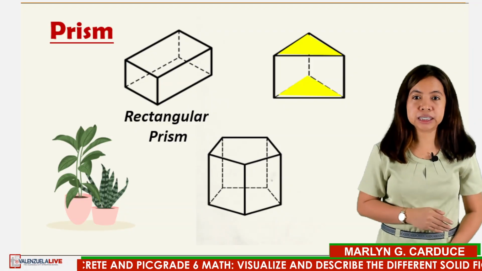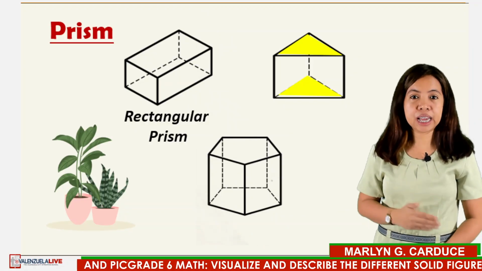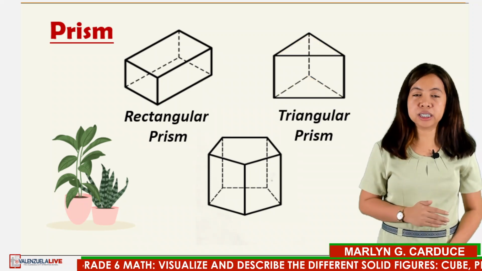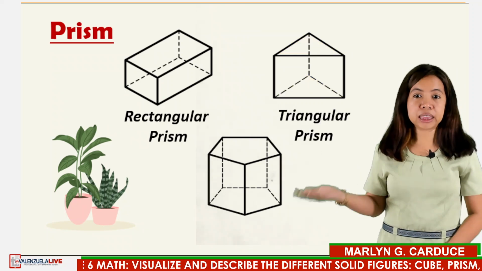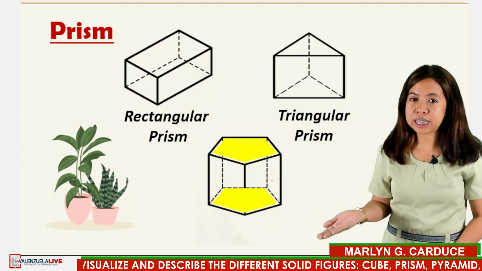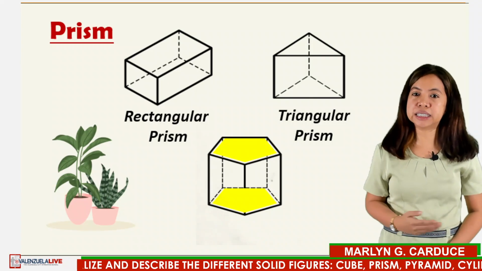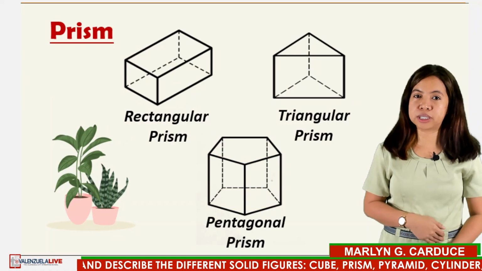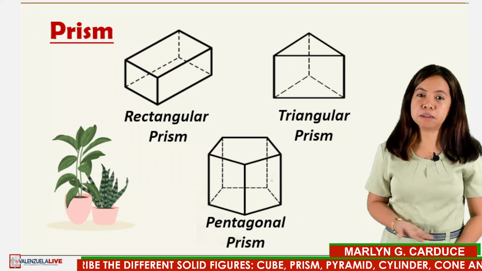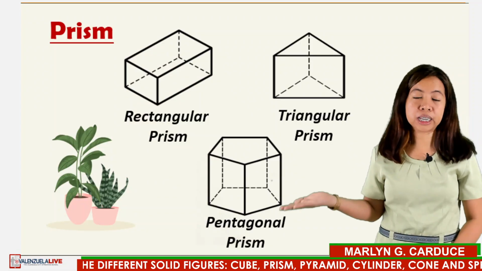If it has parallel triangular bases, we can call it a triangular prism. And if the prism has pentagonal bases, we can call it a pentagonal prism. And there are a lot more examples of prisms aside from what I have presented.